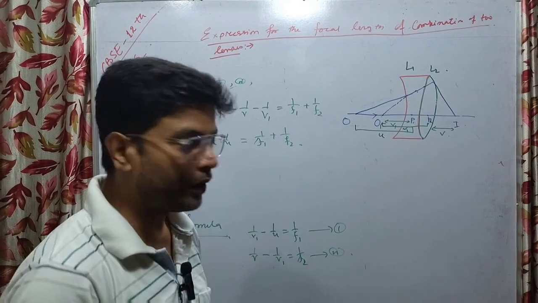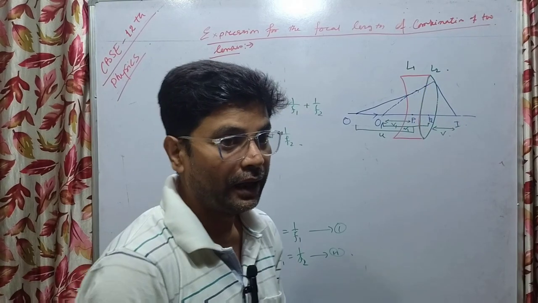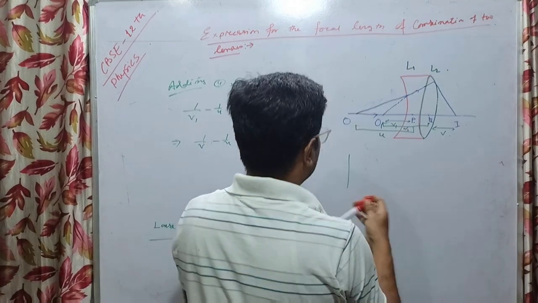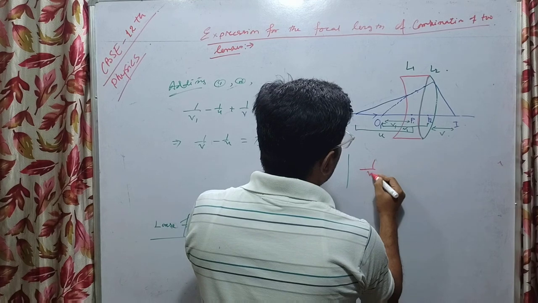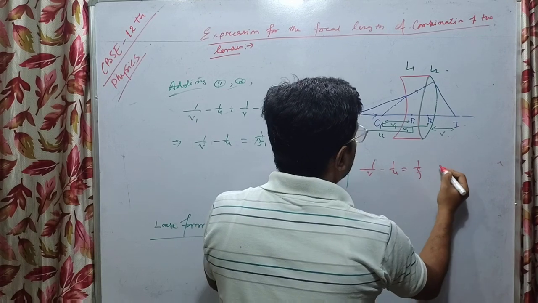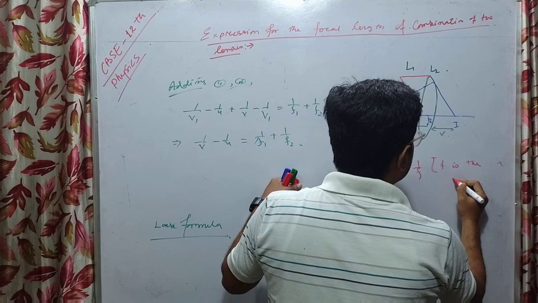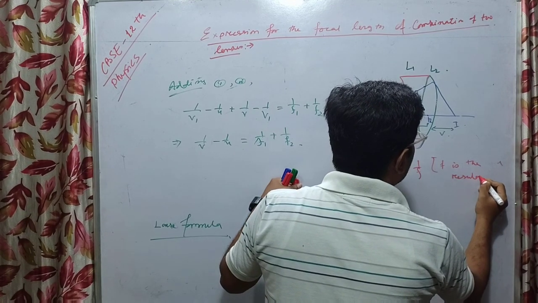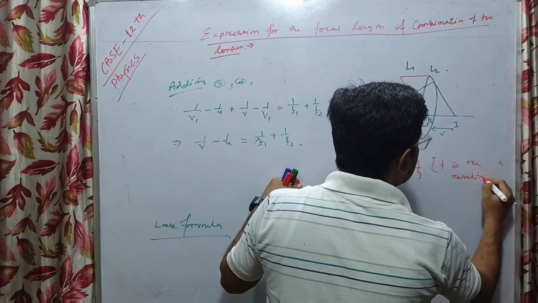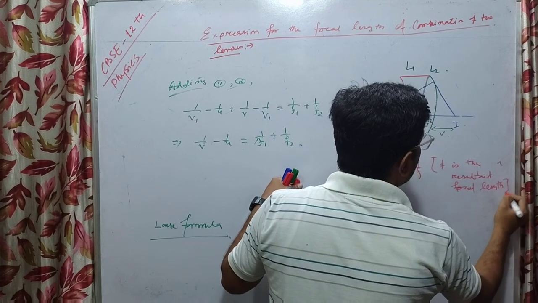Listen students, if the focal length of this combination of lenses is F, then 1 by V minus 1 by U is equal to 1 by F, where F is the resultant or total focal length of the combination.